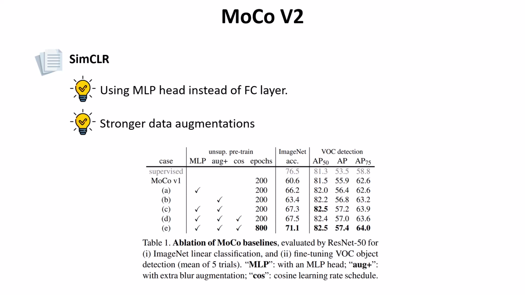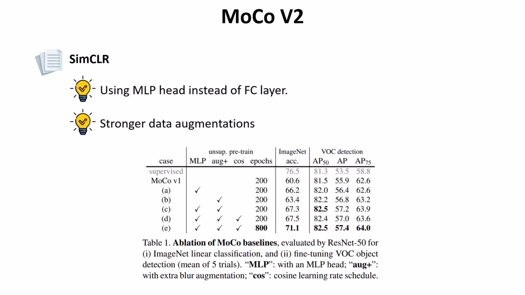As I change that from fully connected to MLP, the accuracy increases from 60.6 to 66.2. That is very interesting. If I add only data augmentations, it again becomes better. If I do both of them at the same time, it becomes 67.3.